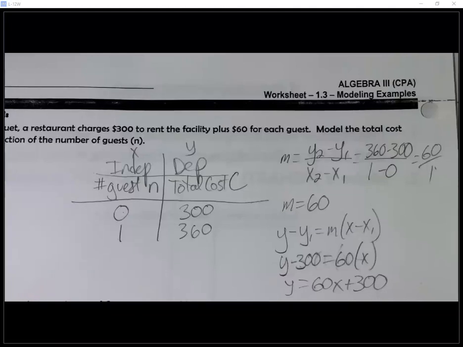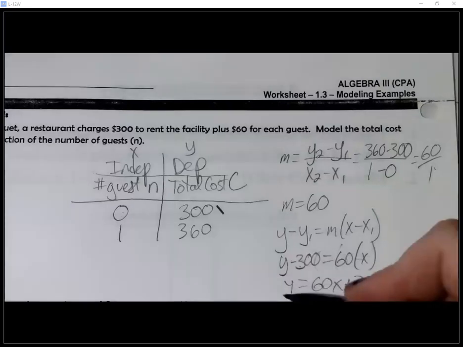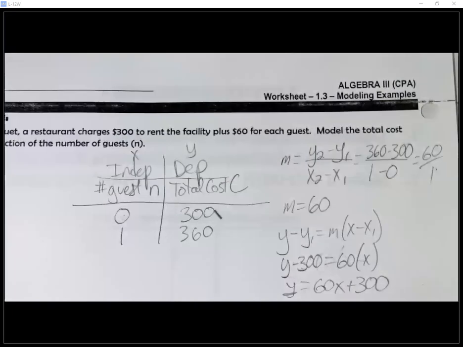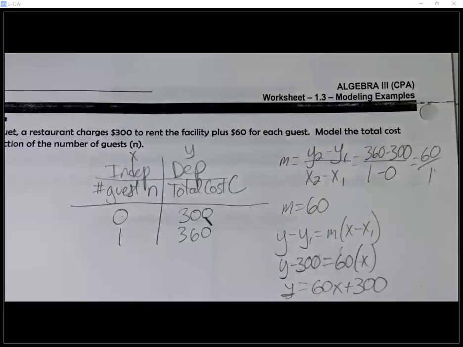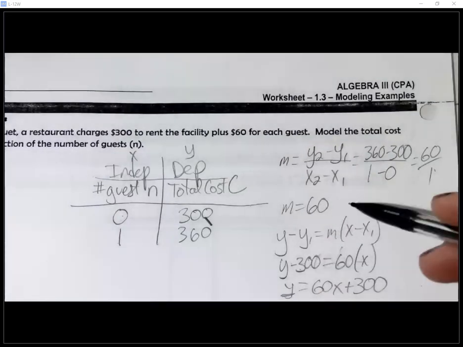Okay. Did you eventually get this equation in slope-intercept form, y equals 60x plus 300? So now all they want you to do is write it in function notation. So remember, that just means I'm going to go ahead and replace y with, normally it would be f of x, but I'm not using, oh, look at me. See, I even got lazy. I always switch to x and y instead of the variables that they gave me.